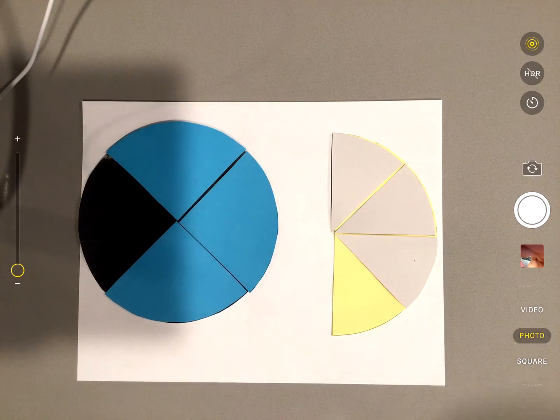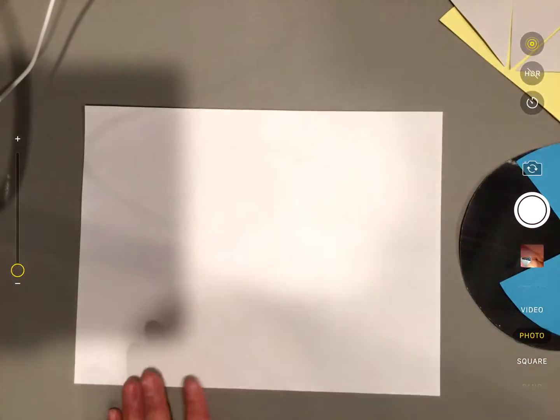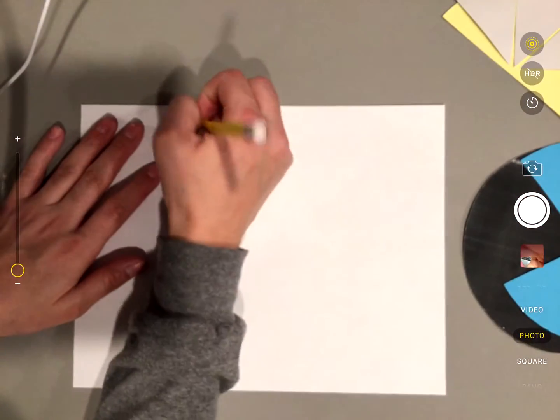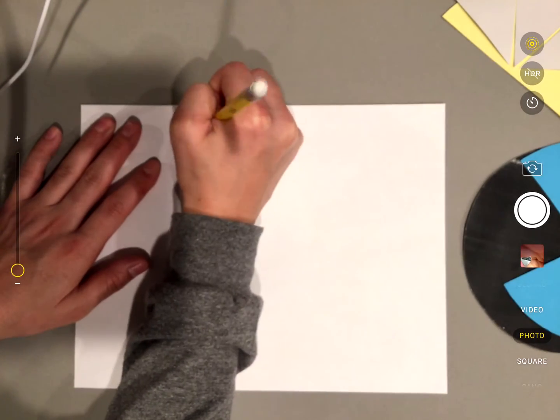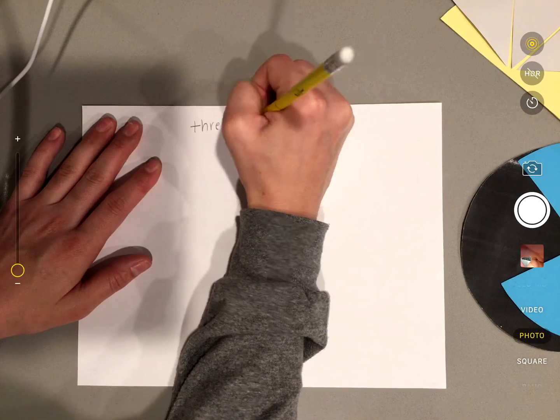Now, I want to know, how can we record the fraction name for 3/4? So if I move these pieces, we can record the fraction name like this. 3, so we need to write 3, 1 dash, fourths.